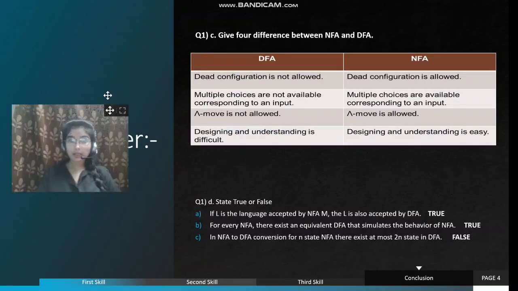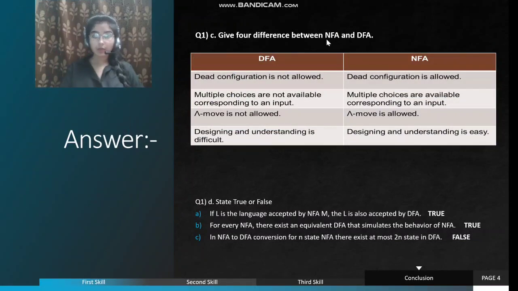The C part says: give four differences between non-deterministic finite automata and deterministic finite automata. The differences between DFA and NFA are: first, epsilon transition is not allowed in DFA, but epsilon transition is allowed in NFA.